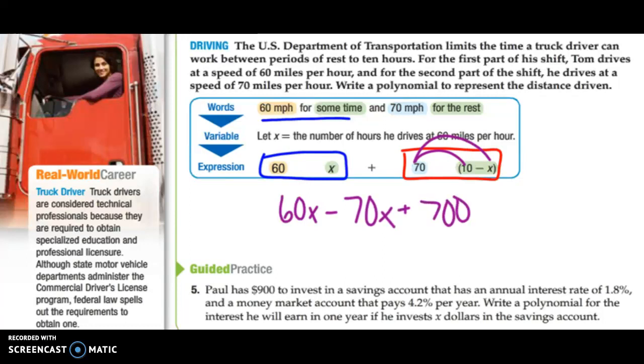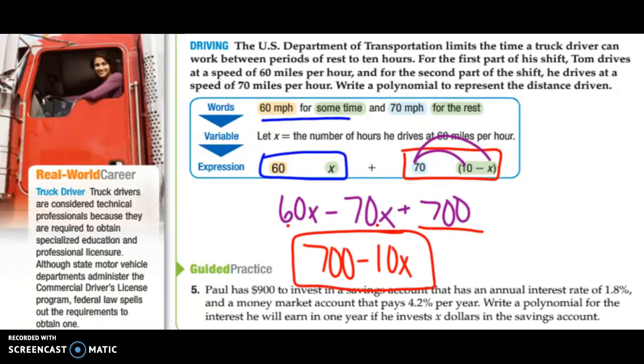And so what we can do is we can just simplify. So I'm going to actually move the 700 in front, so it'll be 700, and then minus 60x minus 10x would be minus 10x. So this is the distance driven. So 700 miles minus 10 times x.